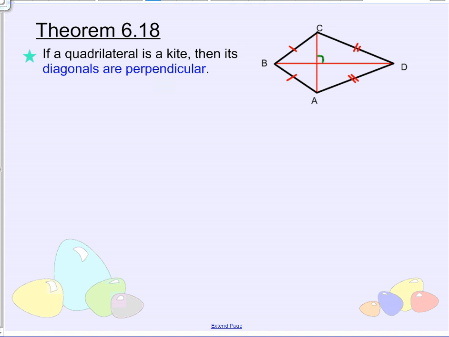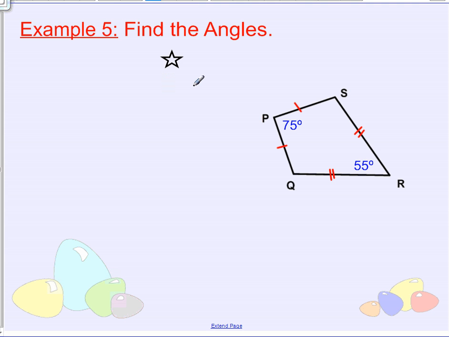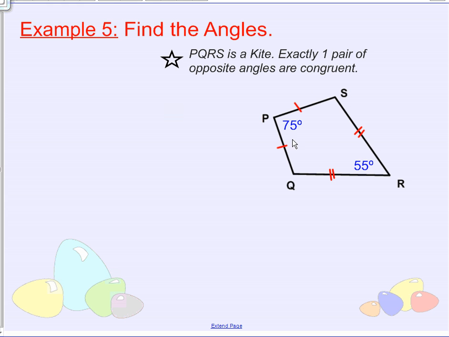And from here, we can actually use this idea to find the angles. PQRS is a kite. Exactly one pair of opposite angles are congruent, excuse me. So that means that we are trying to find the opposite two angles.